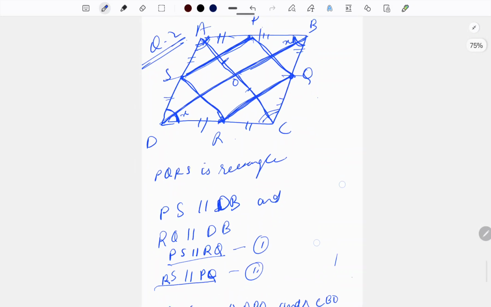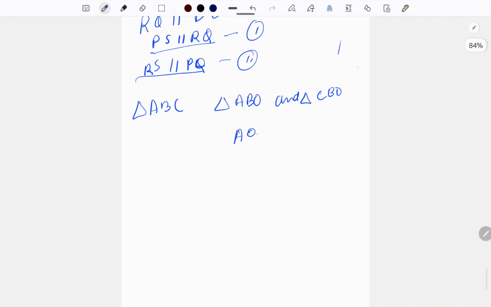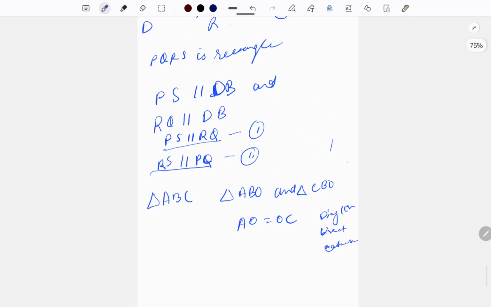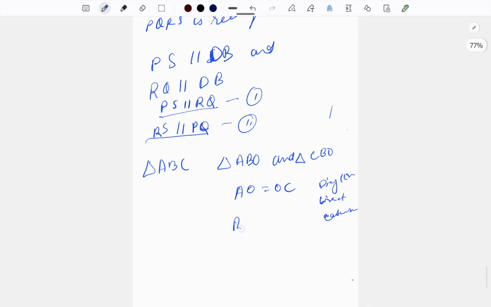Therefore, by side: AO is equal to OC because diagonals of a parallelogram bisect each other. This is the property which you should know, you should recall it, you should remember. Then BO is common.